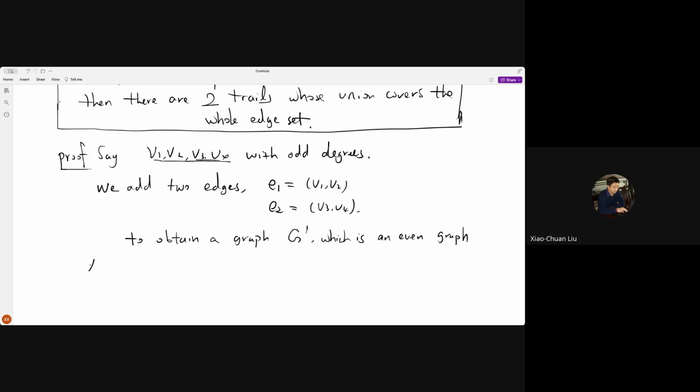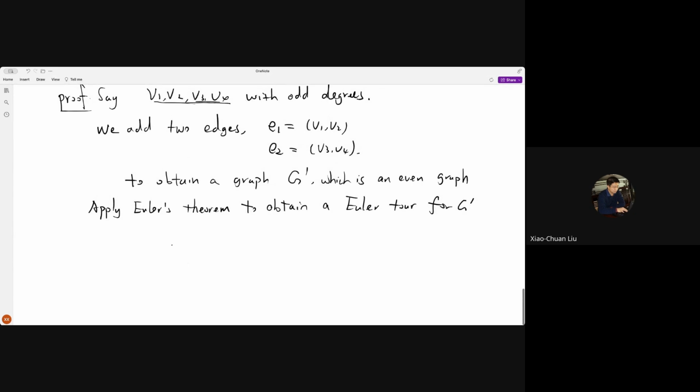And then apply Euler's theorem to obtain an Euler tour for G prime.